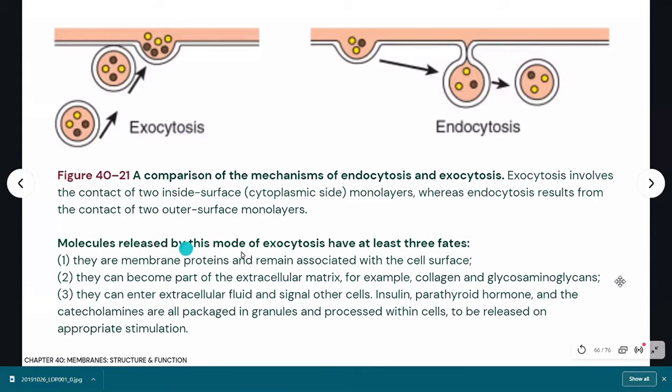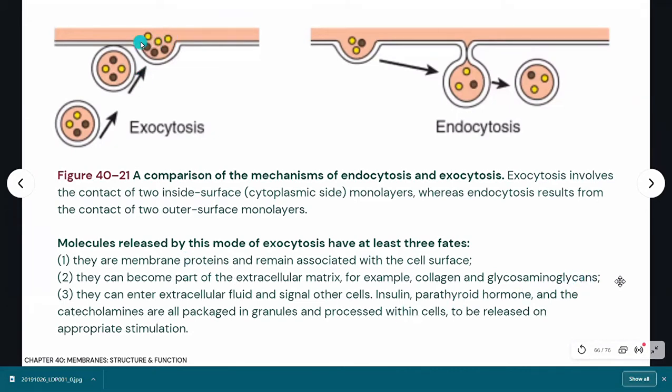Molecules released by this mode of exocytosis have at least three fates. They are membrane proteins and remain associated with the cell surface. As it is there, becomes part. They can become part of the extracellular matrix, for example, collagen and glycosaminoglycans.